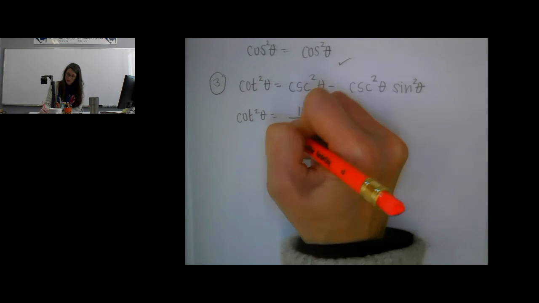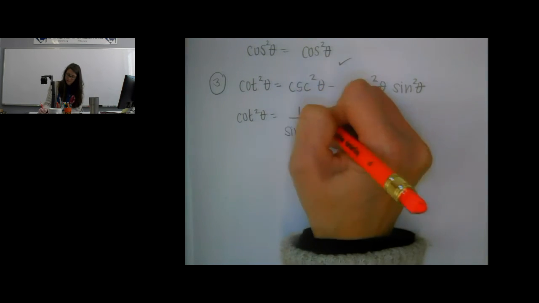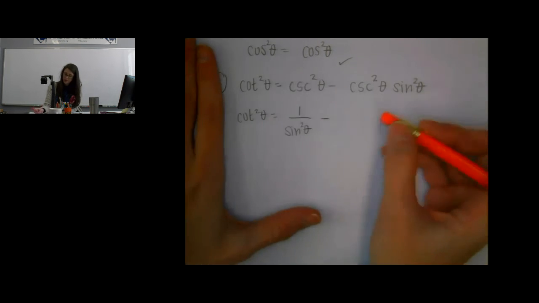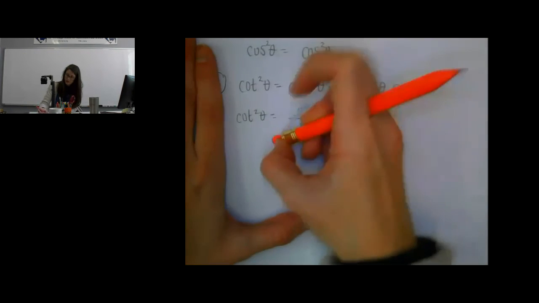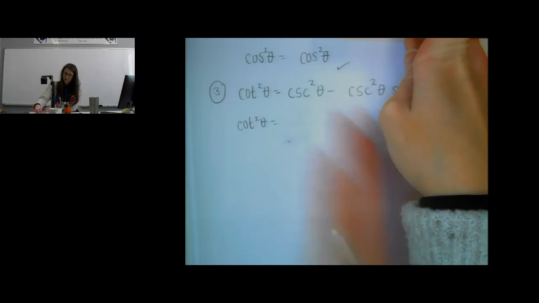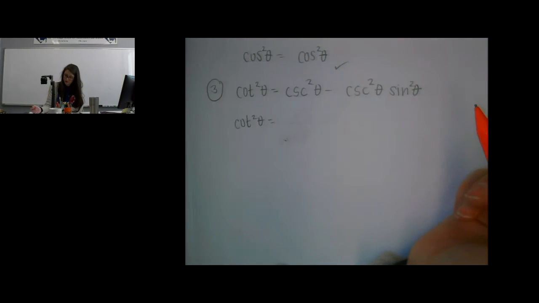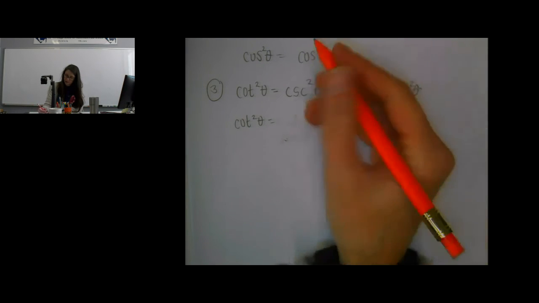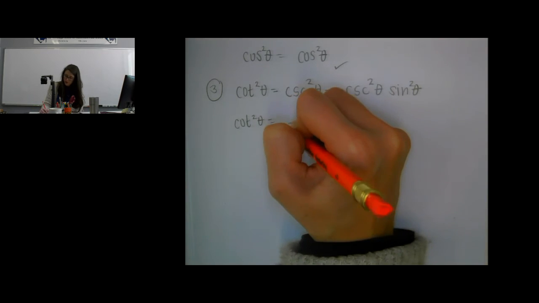Cosecant squared is 1 over sine squared theta. What could I do there instead of changing them? Well, let's just do it how we had it. So 1 over sine squared theta.